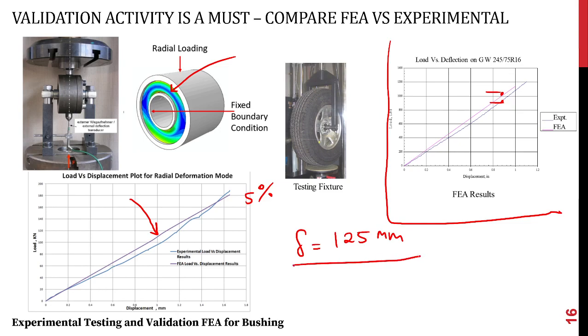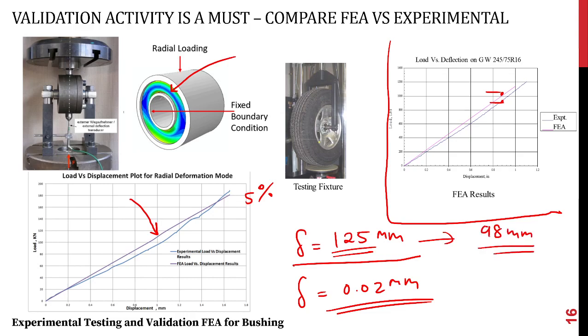Patutnya dapat ini. Kamu test dapat deflection terpanggal 0.02 mm. Ni lari banyak lah ni. So tak betul lah. It's a lot far off lah kan. Kalau kamu patut dapat 125, kamu test dapat 98 mm. Ini okey lagi.